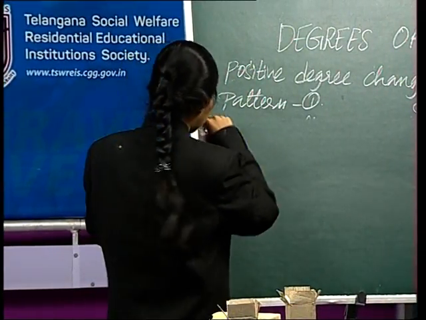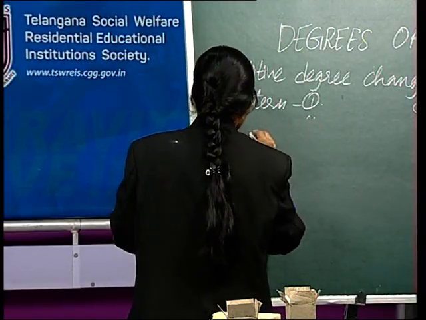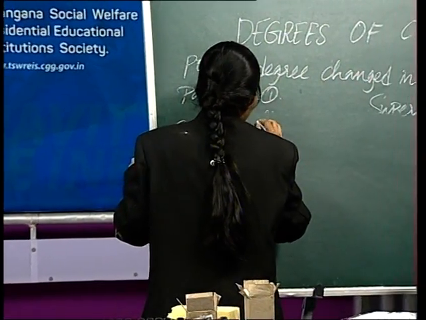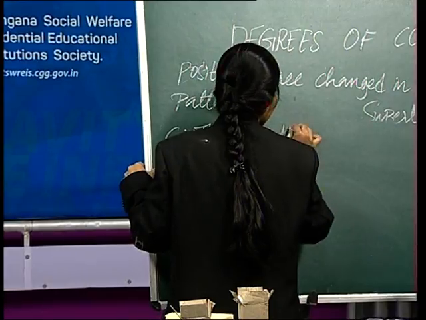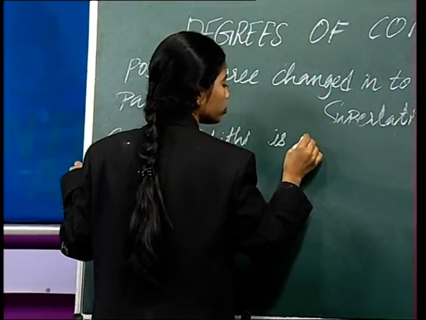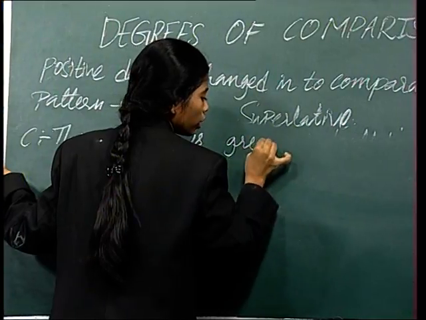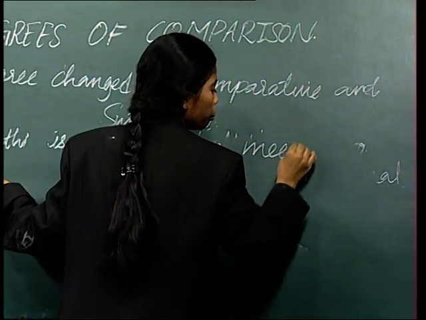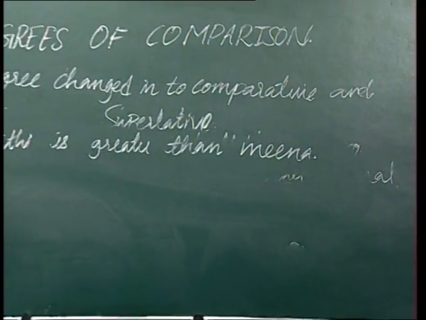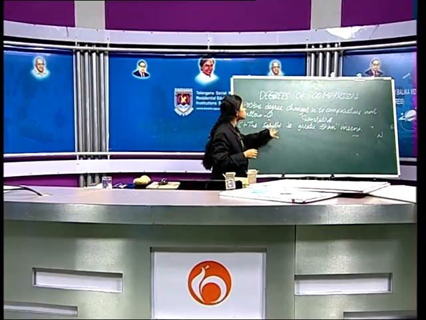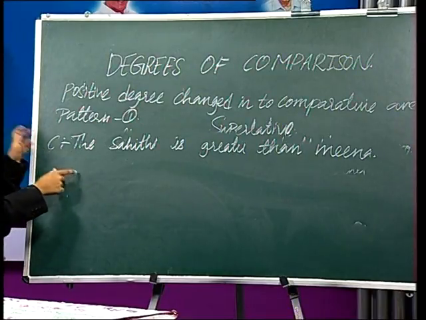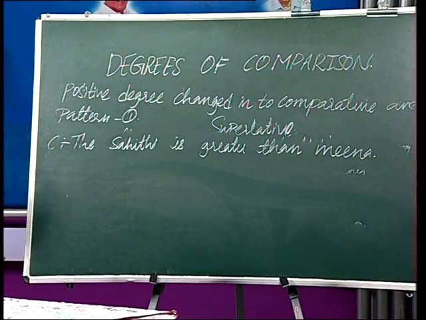Comparative degree. Sahiti is greater than Meena. So what we have done here, friends: Sahiti is greater than Meena. Here the sentence is in comparative form. So friends, let us change this sentence into positive and superlative form.